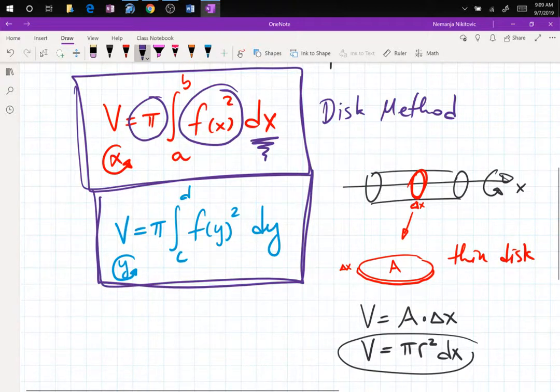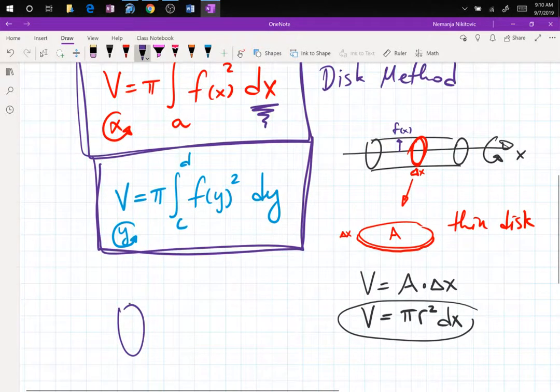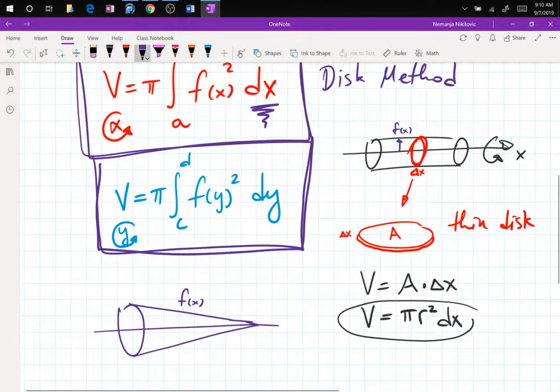Pi r squared. Now, why is f of x the radius? Because the radius pokes from the axis of rotation up to the function f of x. So if you have, let's say, I draw that cone, and you have your axis of rotation here. You see that this is your f of x function.